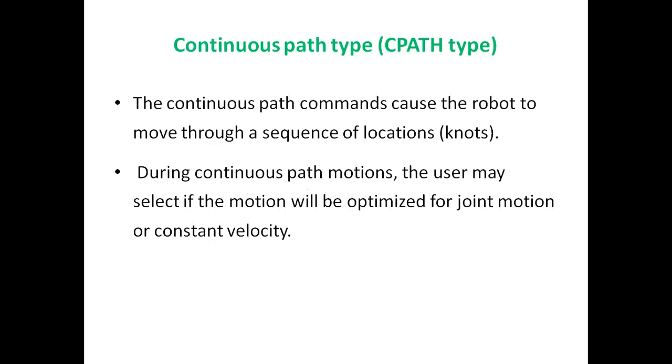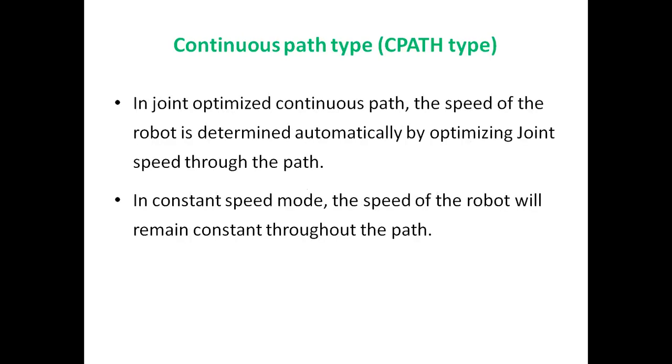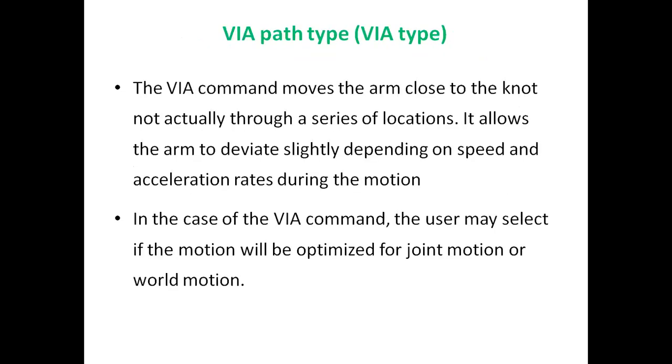During continuous path motion, the user may select whether the motions are optimized for joint motion or constant velocity. In joint optimized continuous path, the speed of the robot is determined automatically by optimizing joint speed through the path. In constant speed mode, the speed of the robot remains constant throughout the path. The via command will move the arm close to the node, not actually to a series of locations.